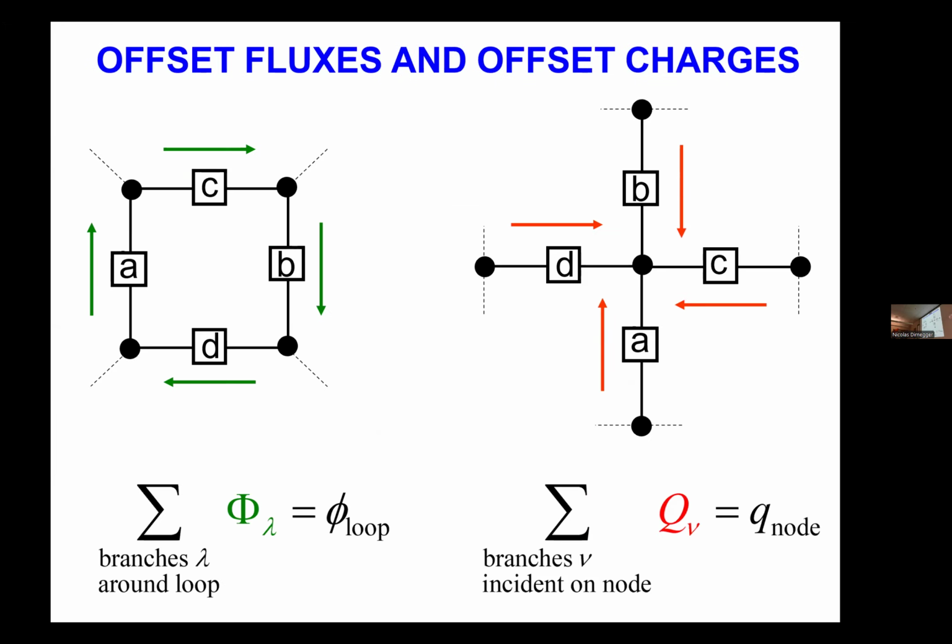So we have to revise Kirchhoff's laws here, because we take the time integrals: the sum of all the fluxes around the loop is now going to be a constant. It's not zero. With the integration, you find the constants in this Kirchhoff's law.